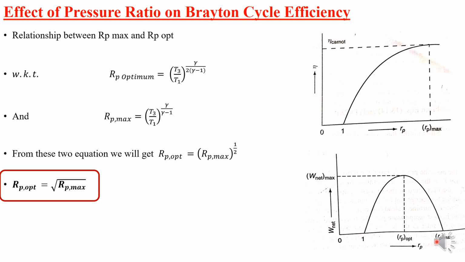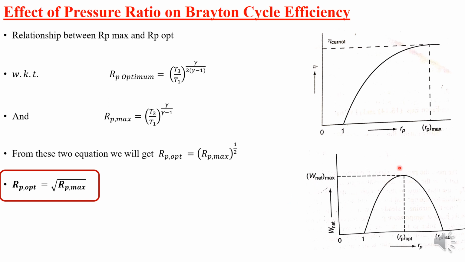So you get the maximum work capacity at the optimum pressure ratio. When you maintain that particular optimum pressure ratio for the system, you will get the maximum work capacity of the cycle.